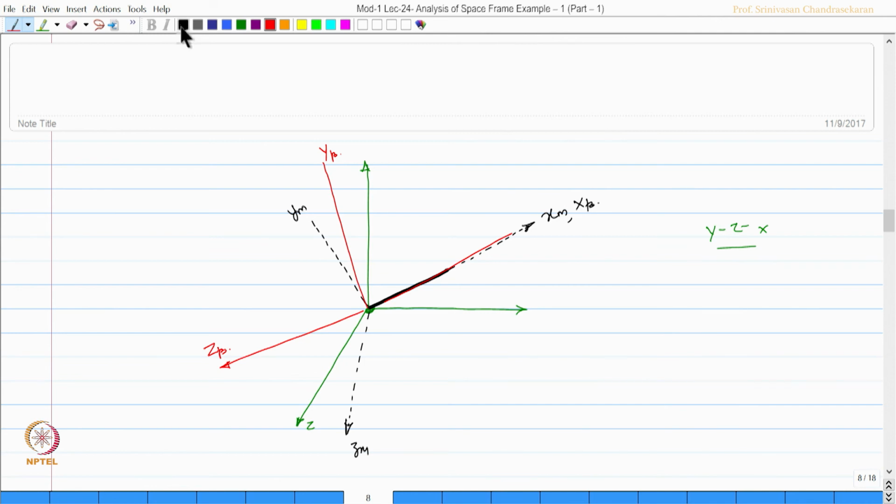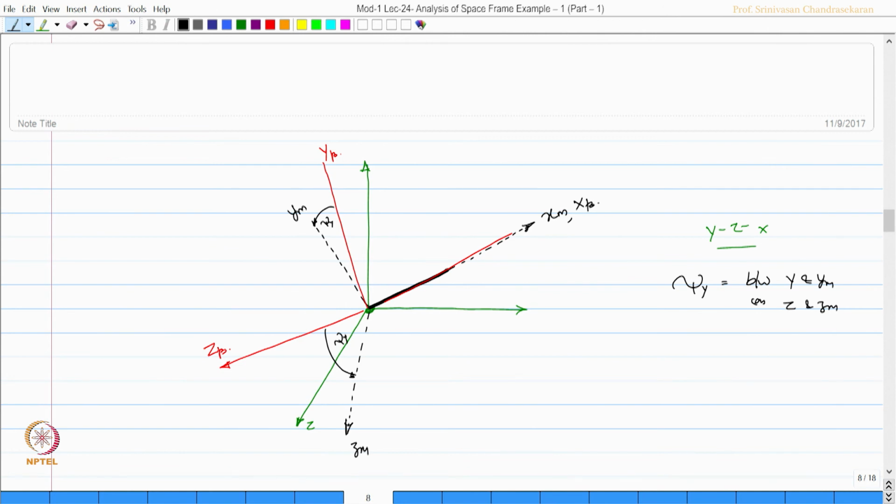So, the psi y angle will be the angle between y and ym or z and zm, correct? Angle between y and ym, this is my psi y.